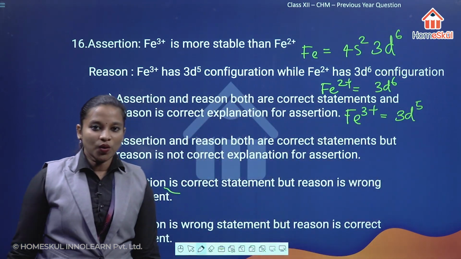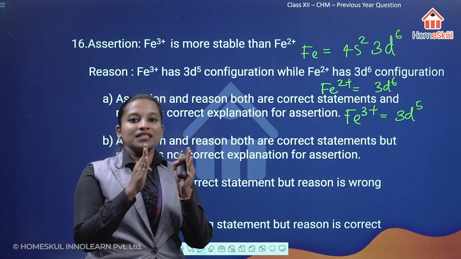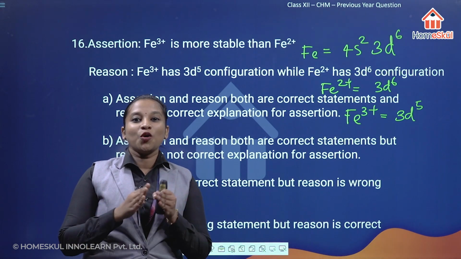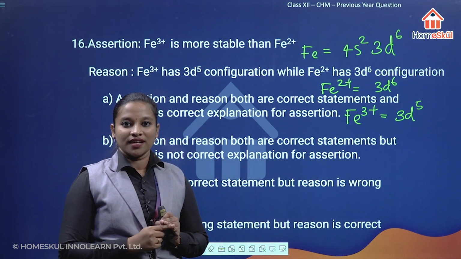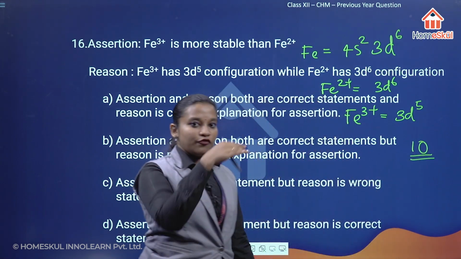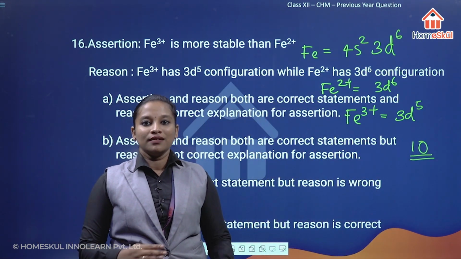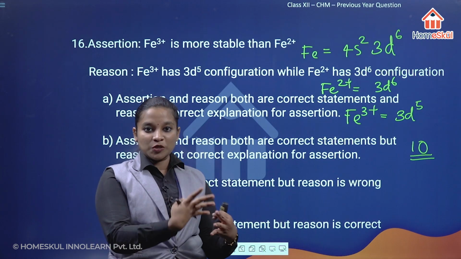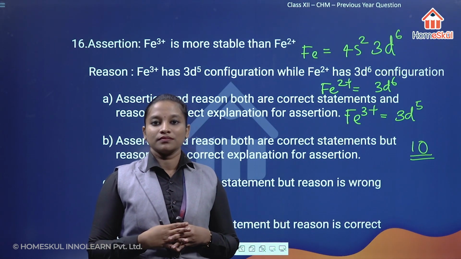We know that the maximum number of electrons that can be accommodated in a d orbital set is 10. If the d orbital is completely filled, then that species will be stable.